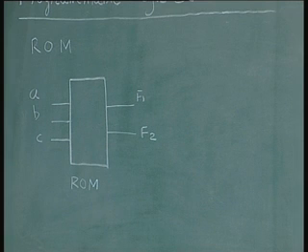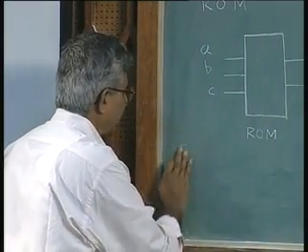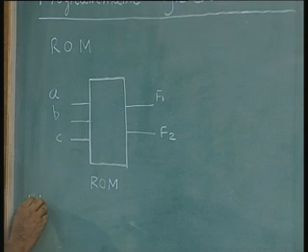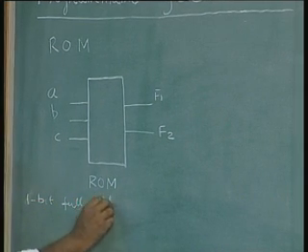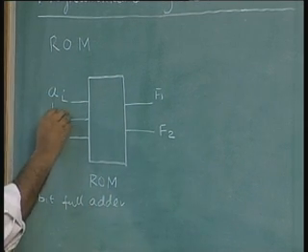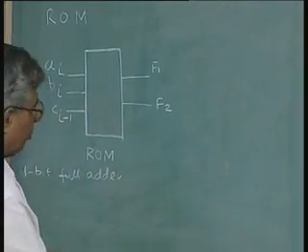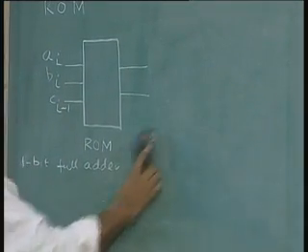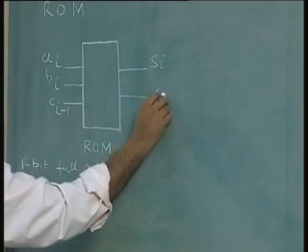Now, let us take a simple example, the same full adder. I will not write the whole truth table, you are familiar with the truth table. In the full adder circuit, 1 bit full adder, these inputs are Ai, Bi, Ci minus 1, outputs are Si and Ci.